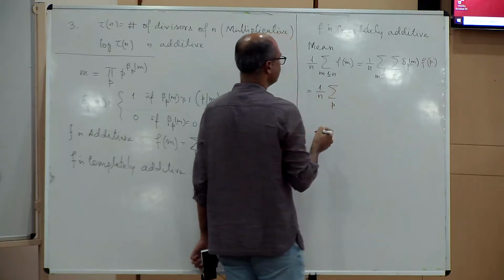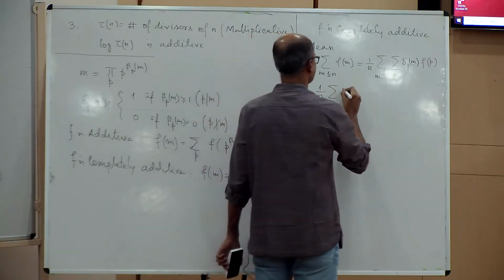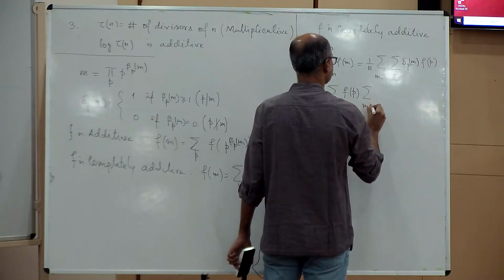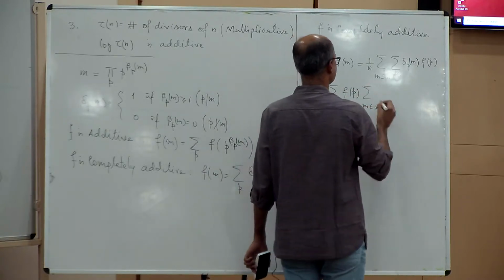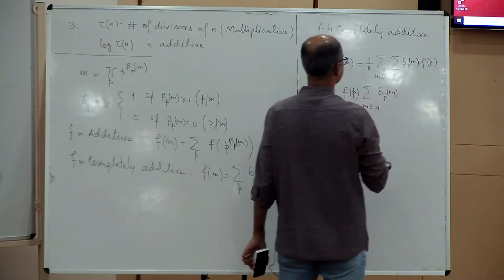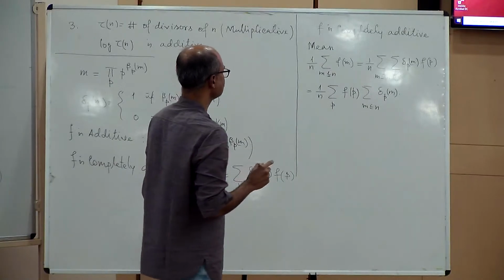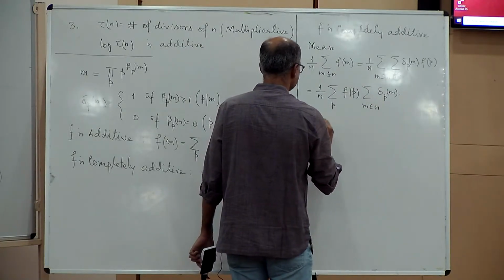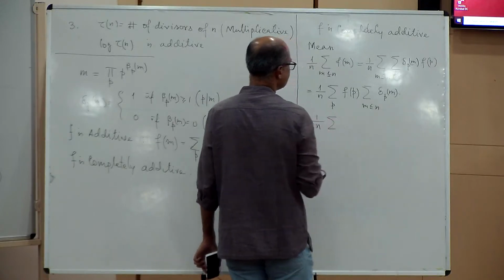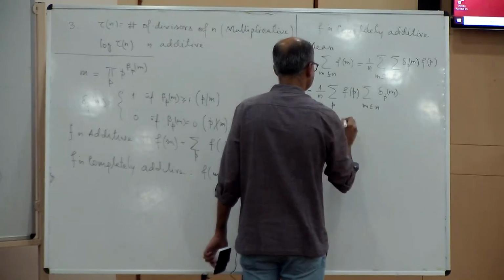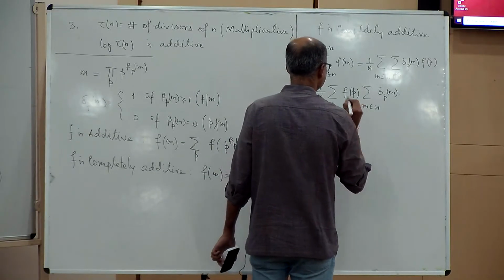So, sum over primes f of p, then I have this delta p of m. Now, what is this delta p of m? The sum over delta p of m is nothing but the number of integers up to n divisible by p.